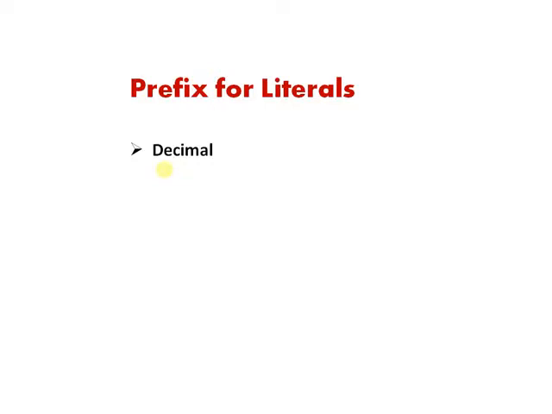One more thing you must know: in C++, we have some prefixes to tell the compiler which kind of literal we are using. For decimal, we use nothing. For octal, we use 0, and for hexadecimal, we use 0x. The x can be in lowercase or uppercase also. Suppose I have an integer and I want to initialize it with some value.